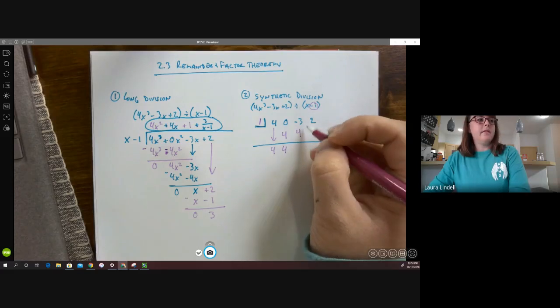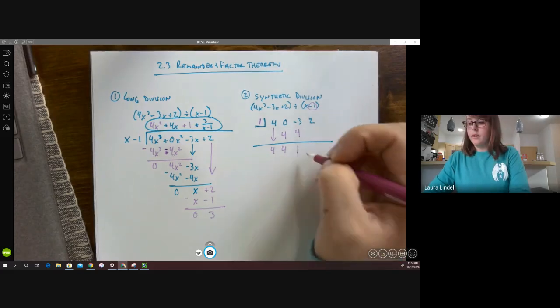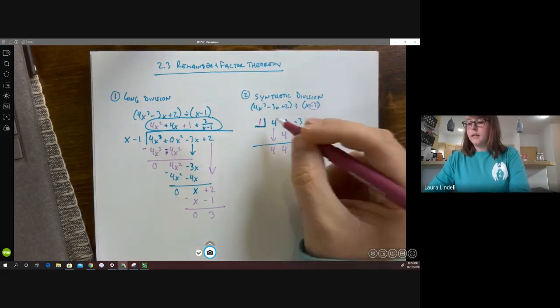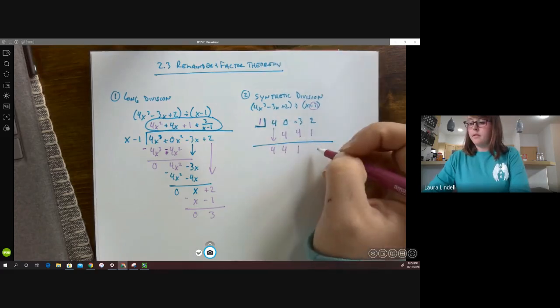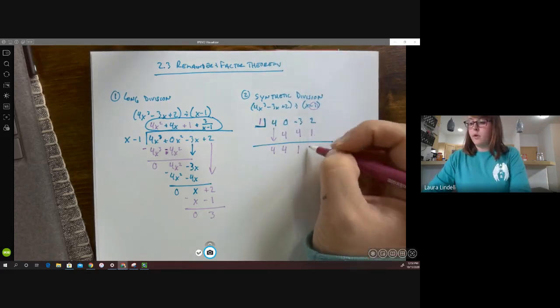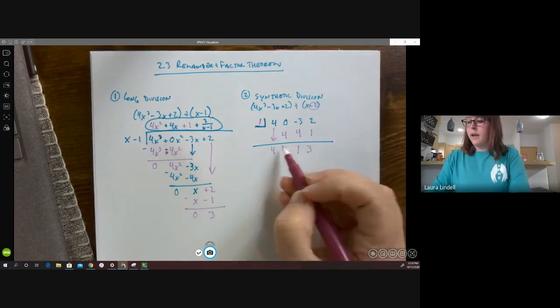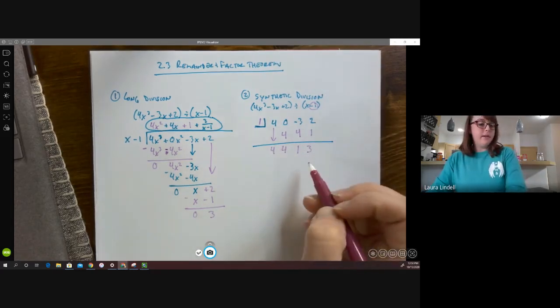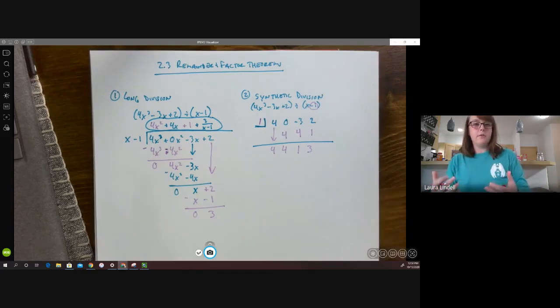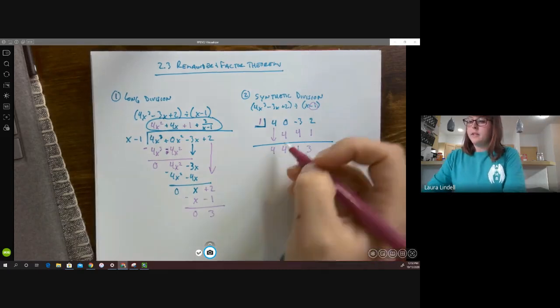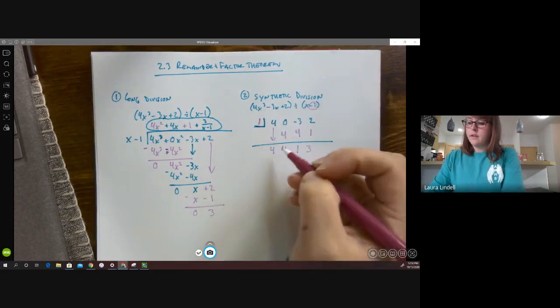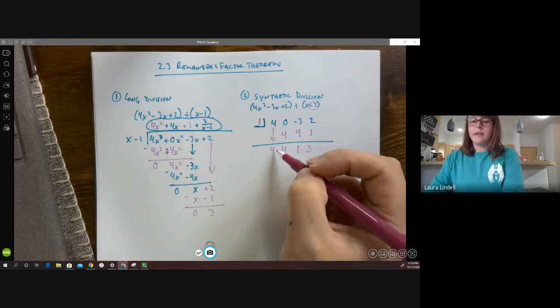Then we add these. Negative 3 plus 4 is 1. 1 times 1 is 1. And then 2 plus 1 is 3. So now we have these numbers here, and these are going to be the coefficients on our answer. So since this started with an x to the third, we're going to now start with x squared.